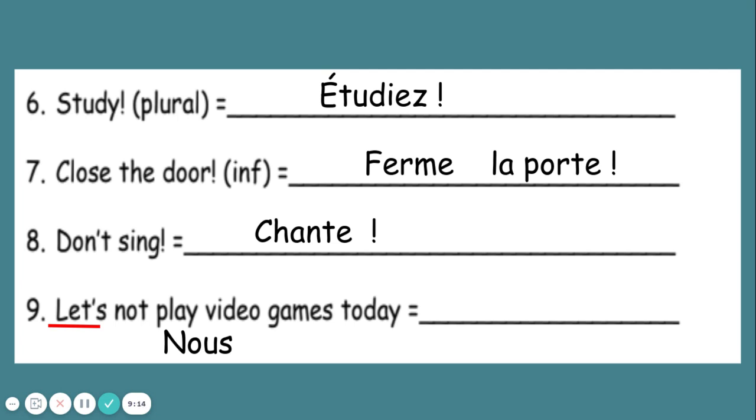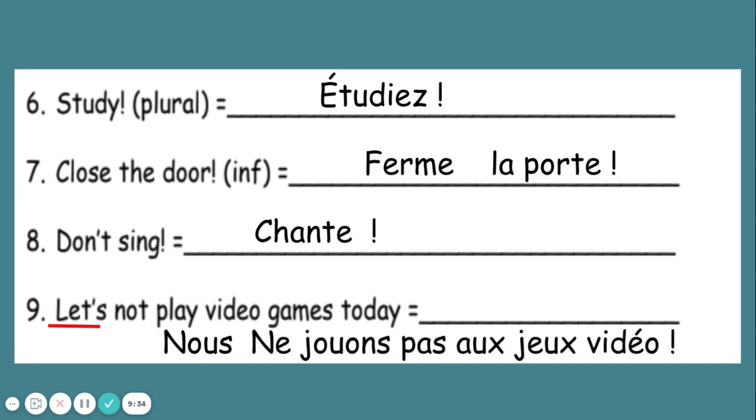Okay, let's not play video games today. Let's do something else. It's a nice day. Let's go outside. So first we have to say let's, so that's a new form. Let's play video games today. Let's make it positive first. So how do you say play? Jouer. So then you take your negatives and take away your nous.